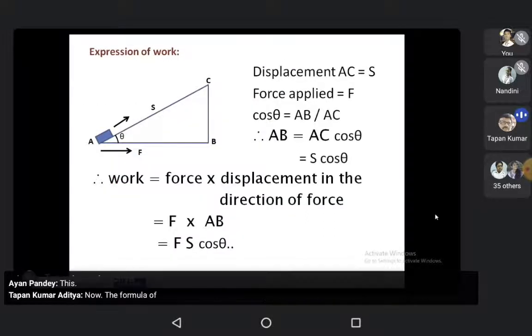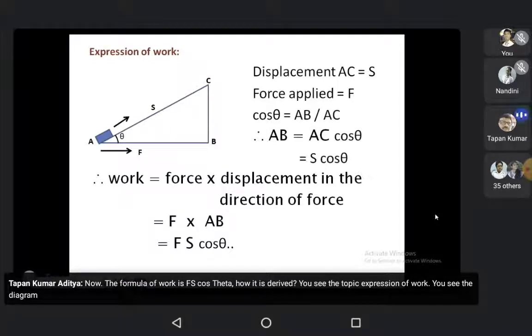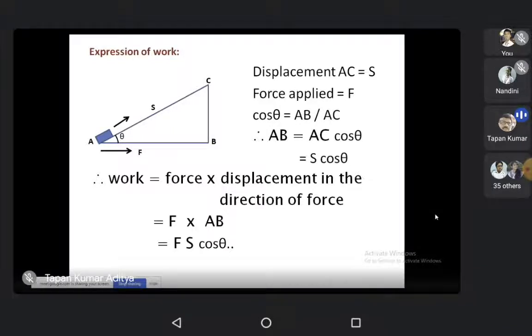Now, the formula of work is Fs cos theta. How is it derived? You see the topic expression of work. You see the diagram. A blue box is given.